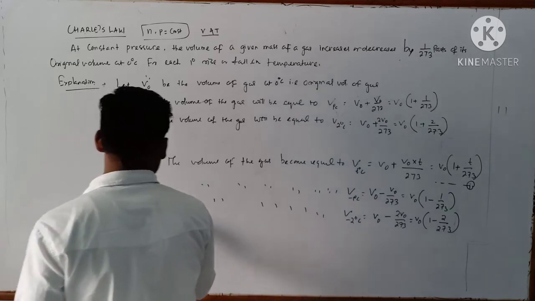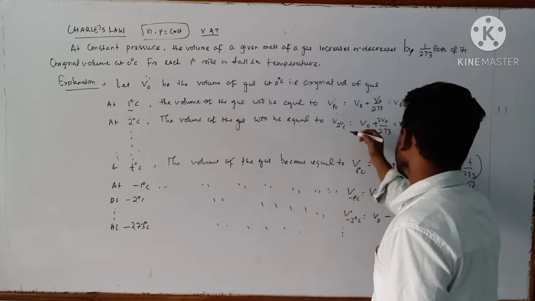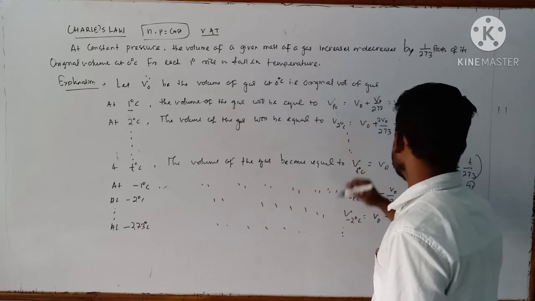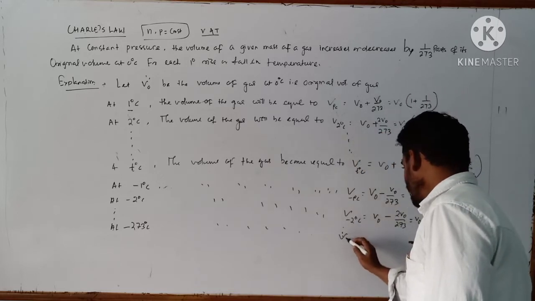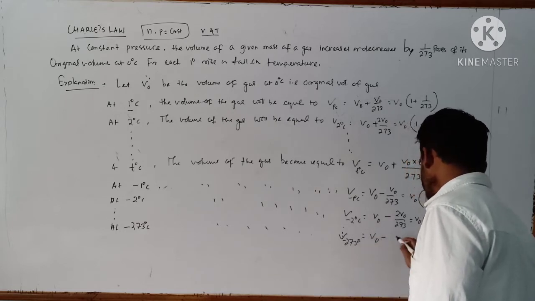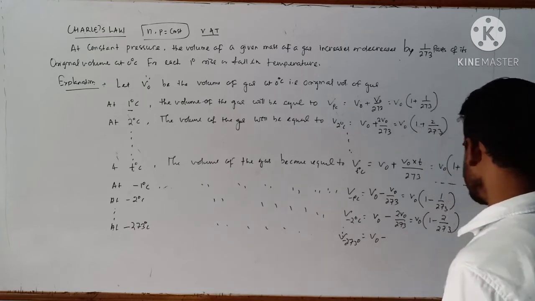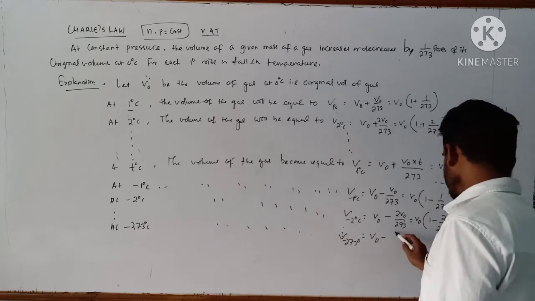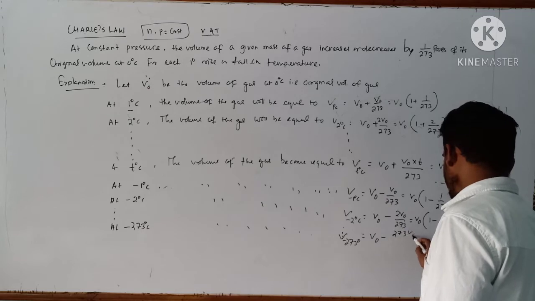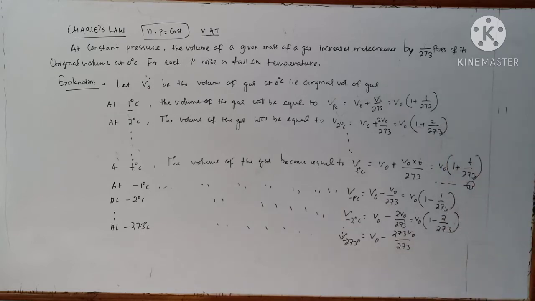Similarly, if I proceed up to -273 degree centigrade, the case will be V at -273 degree centigrade, that is V naught minus 273 V naught by 273. This will be the value.